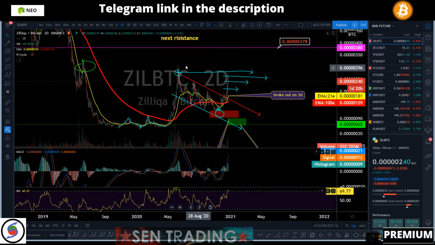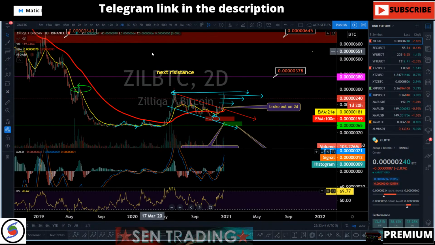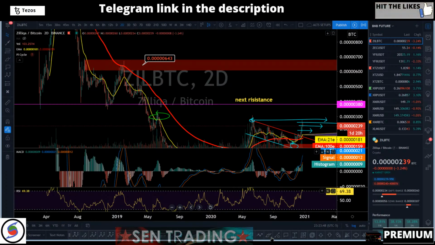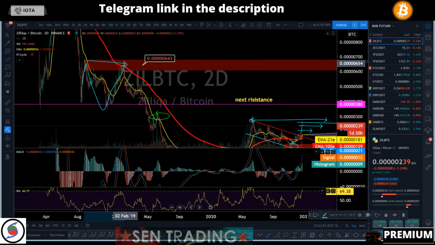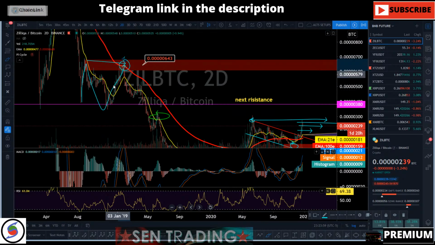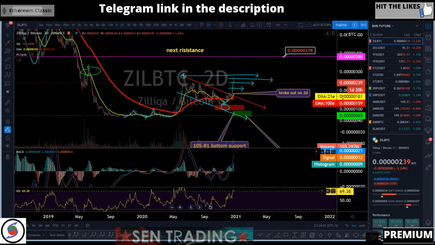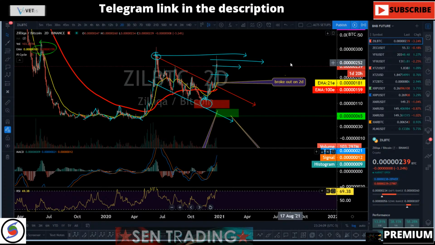It could fail to break the top right here, but we know we've got a resistance up to 600, which is the previous flat correction we created back in April 2019, before the capitulation. So I was pretty big on Zilliqa back then, and still big on Zilliqa. I just don't talk about it every day, right? But it is still a hold. That's the keyword, right? Until we capitulate.